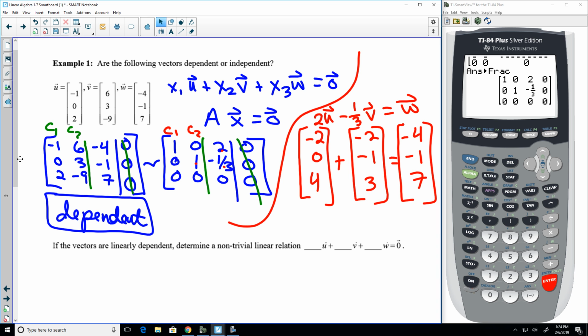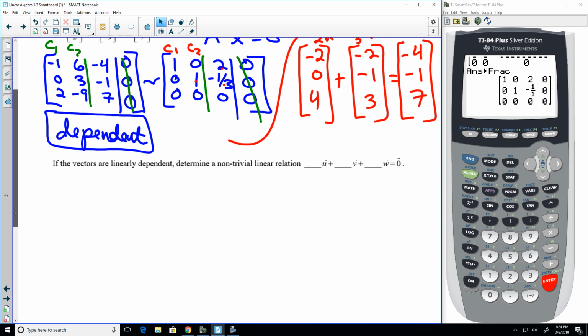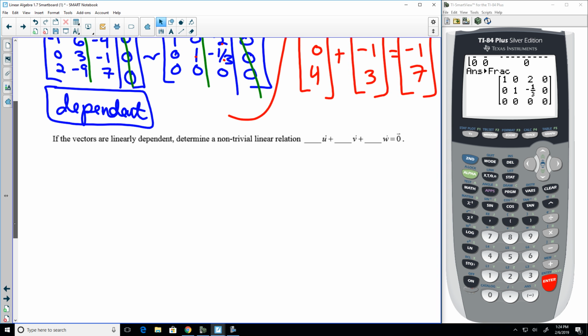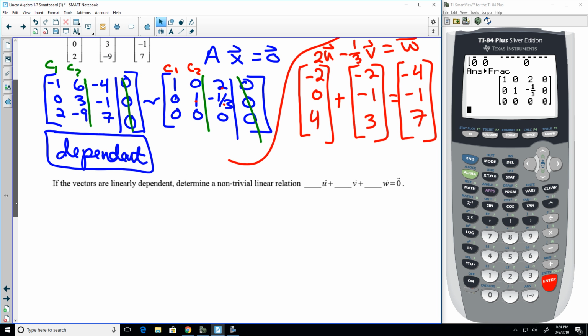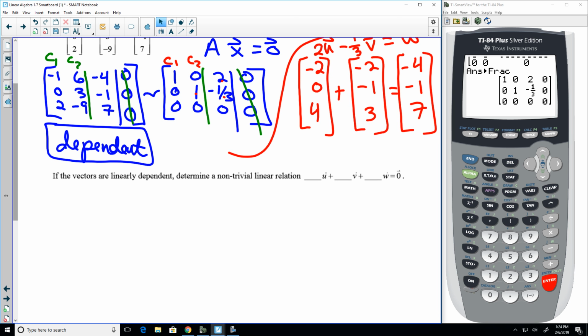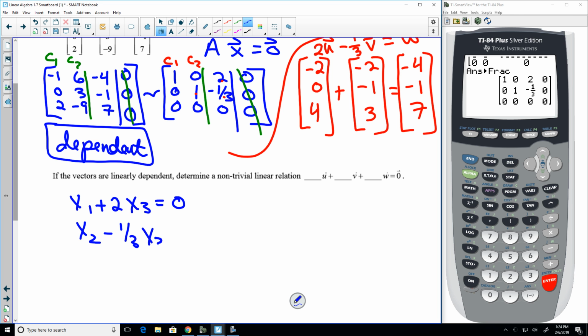If the vectors are linearly dependent, determine a non-trivial relation. So what's a non-trivial solution that'll give us 0? Let's solve the original system, right? So we have x1 plus 2x3 equals 0, x2 minus 1/3 x3 equals 0, and then x3 is itself.